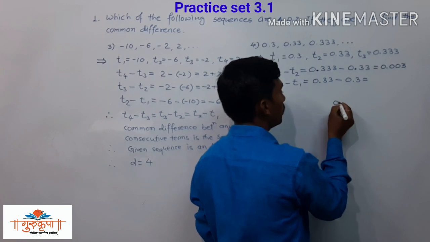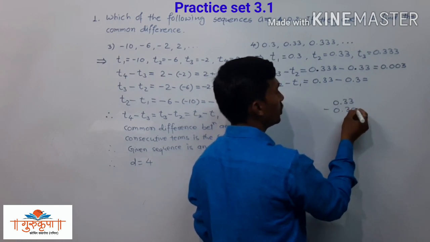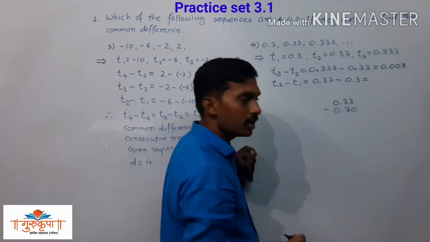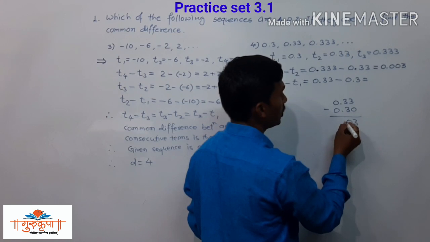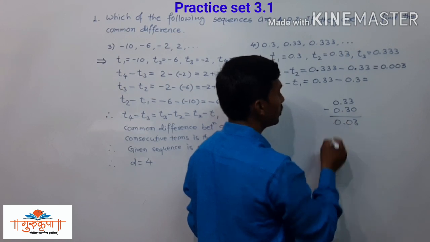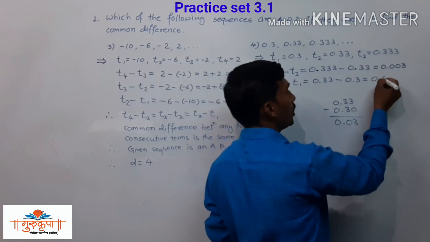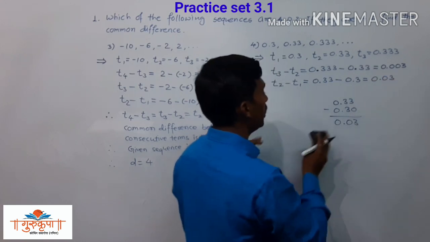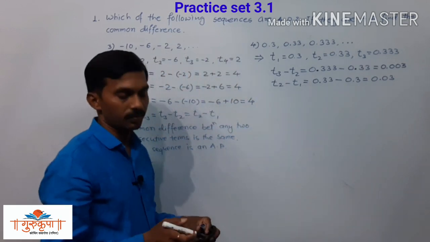This is 0.33 minus 0.3, so the second digit we can take as 0. Now 3 minus 0 is 3, 3 minus 3 is 0, decimal sign below decimal sign, this 0 remains as it is, and the subtraction is 0.03.